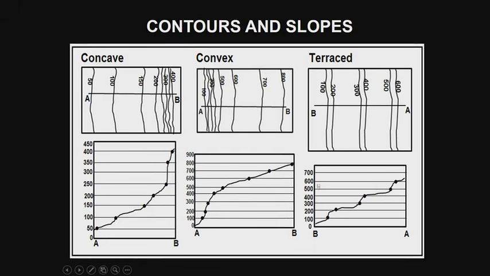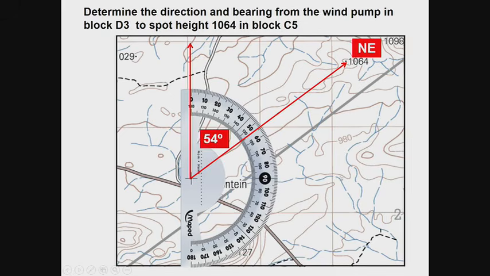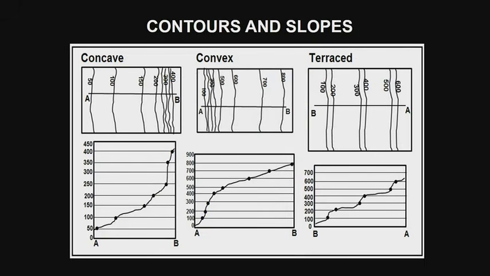And the third slope is what we call a terraced or stepped slope. Here we have far apart, close together. Far apart, close together. We have a pattern. So what's happening? Wherever the contour lines are close together, the slope is steep.